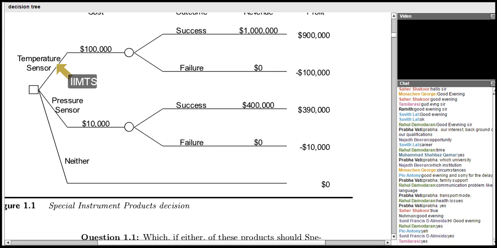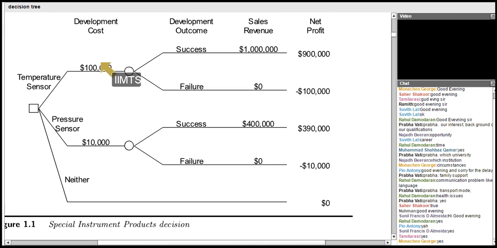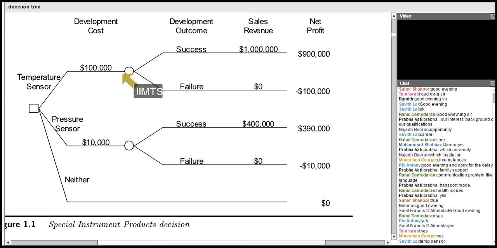So this is it. If we decide to produce the temperature sensor, it's going to cost our company $100,000. And if after production the product is successful, that is, we sell the product, we're going to have sales revenue of $1 million.